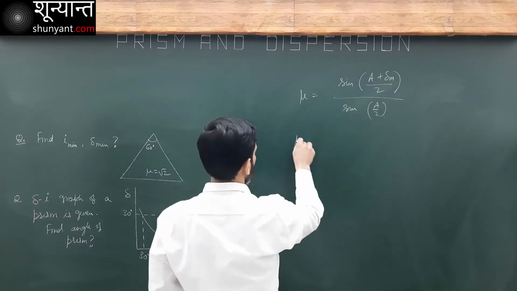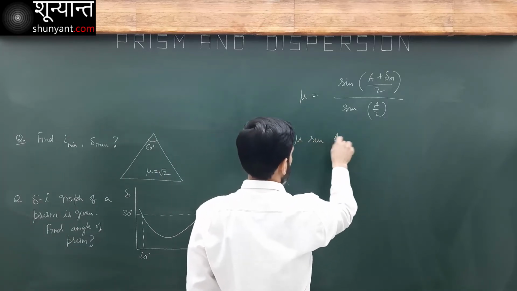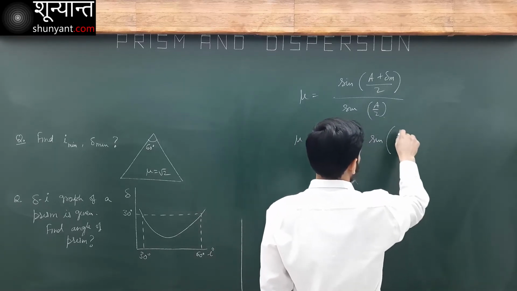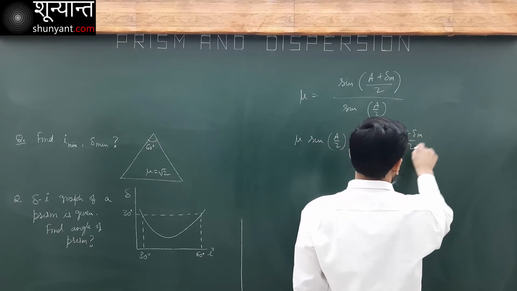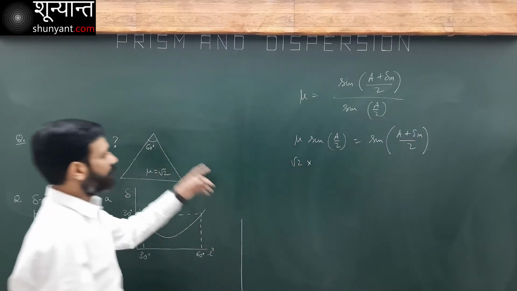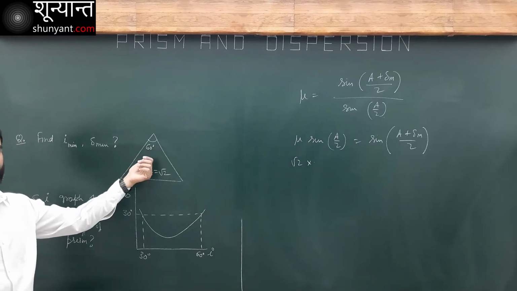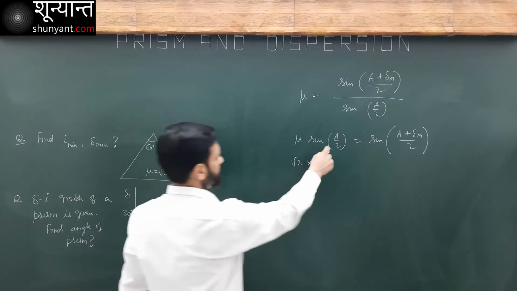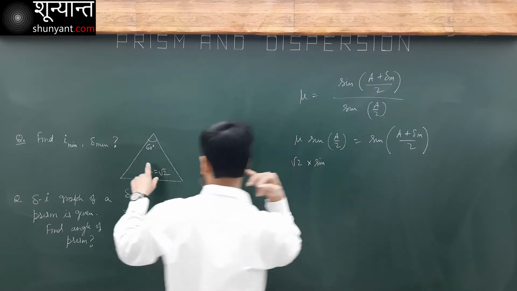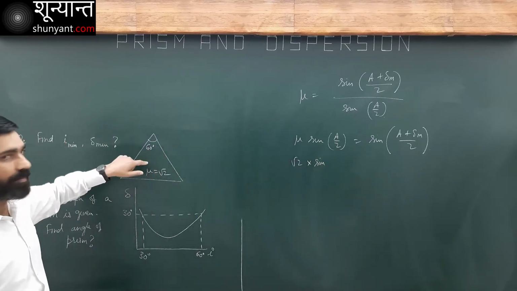So mu sine A by 2 is sine of A plus delta m over 2. It's like this. This is root 2. What is A by 2? A by 2 is 30.